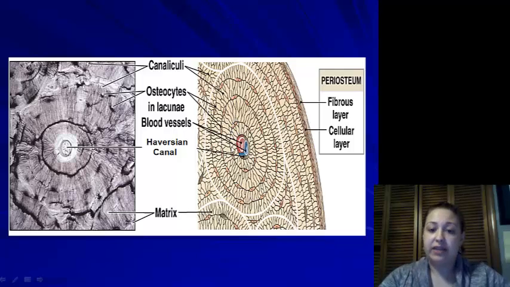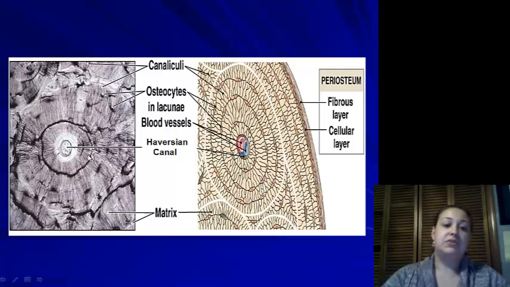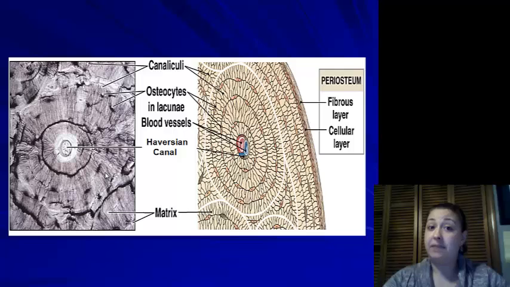These osteocytes get nutrients through the canaliculi, which are these little extensions. Again, on the haversian canal, we see the lacuna here, here, here, and here. Inside each is an osteocyte, and all these little lines we see are canaliculi.